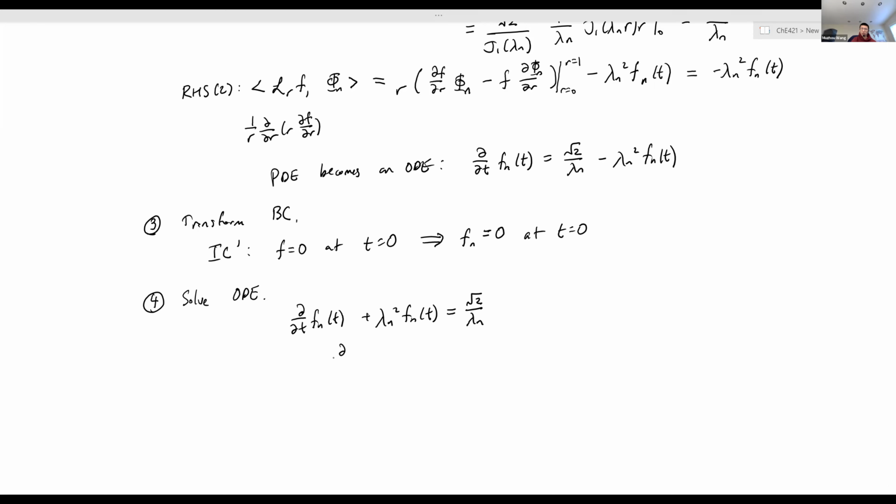And so you can collapse the left-hand side like this. And then you end up with a general solution that looks like this.